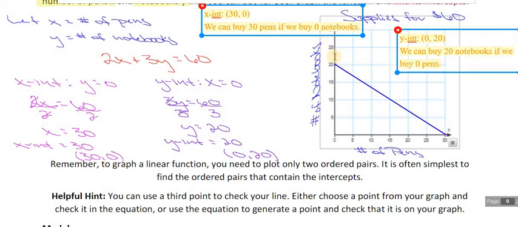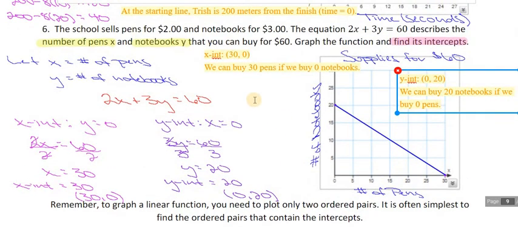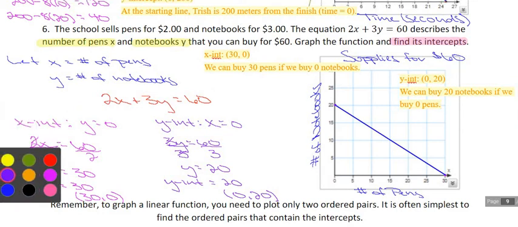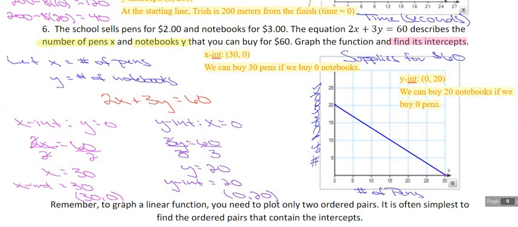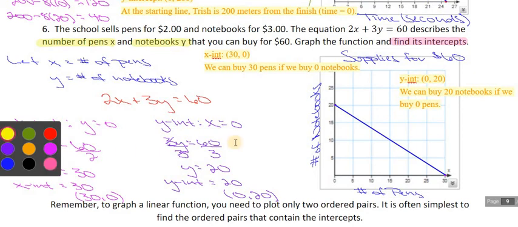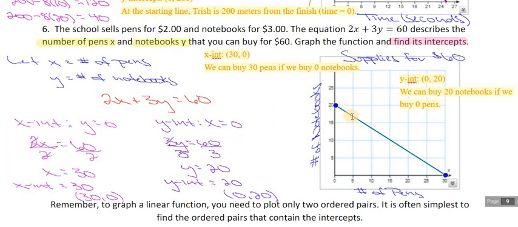Now I came up with these conclusions just by simply using our axes labels. Now, are you going to buy only pens or only notebooks? No, but any point on this line, let me see if I can get a little highlighter. Any point on this line will represent a possible number of combinations of pens and notebooks that can be purchased.